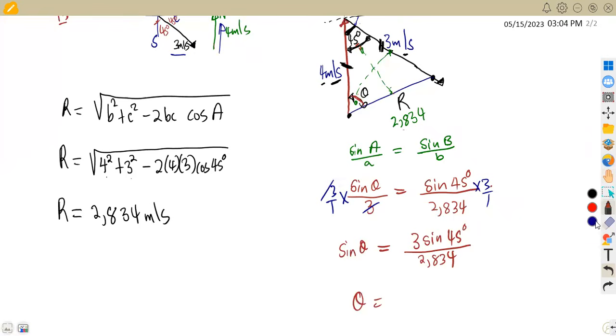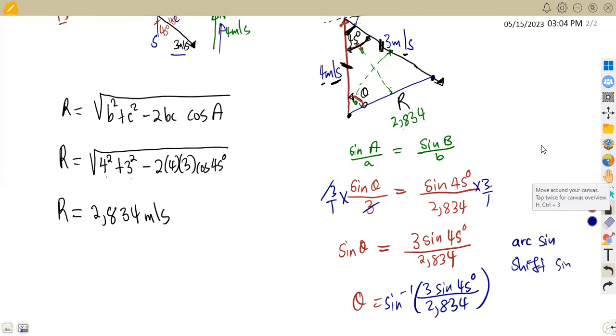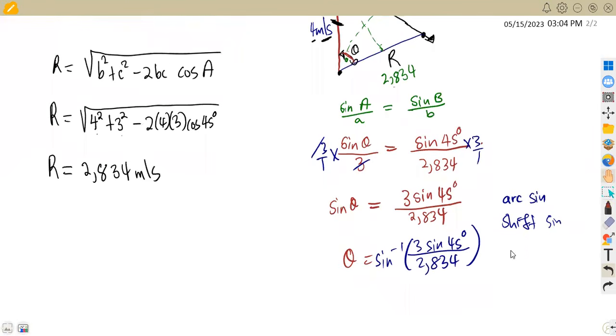So theta is going to be arc sine, which is a shift sine from your calculator. So it is going to be arc sine of this 3 sine 45 degrees, everything over 2,834. So this is going to give us the exact angle of theta, which is in degrees in this case. Make sure that your calculator is in degrees.